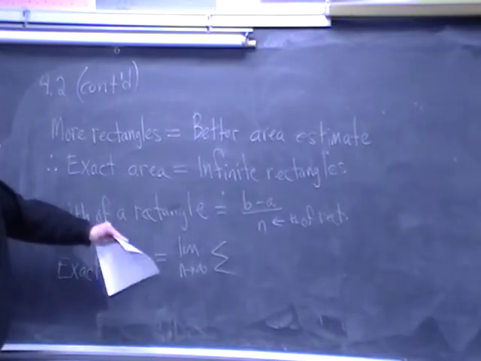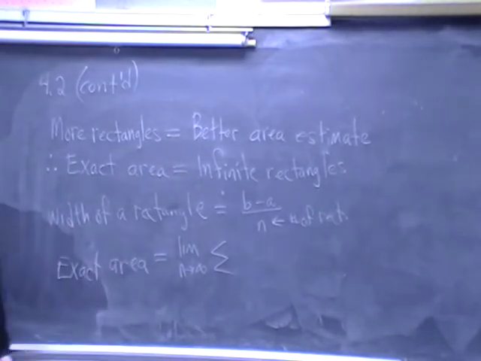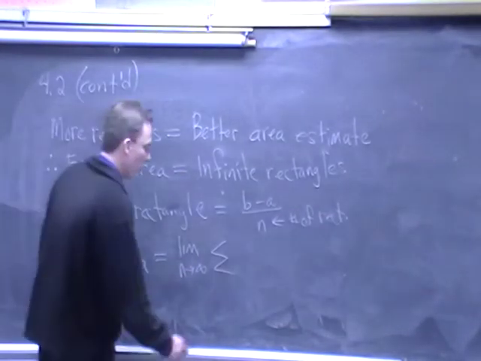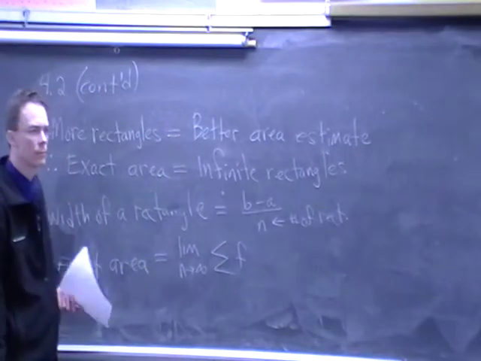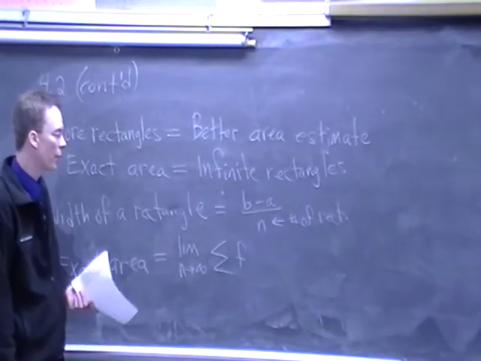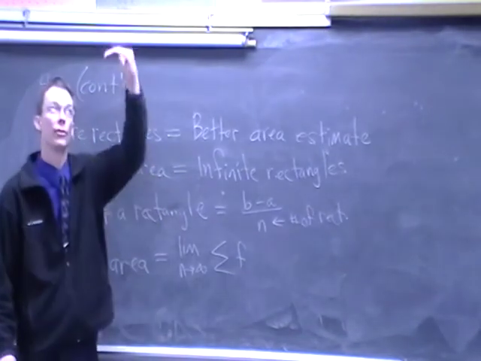Inside the sigma, there it is. Inside sigma, we'd have the heights of the rectangles, and we get the heights by using the function. Plugging numbers into the function tells us the height of each rectangle.